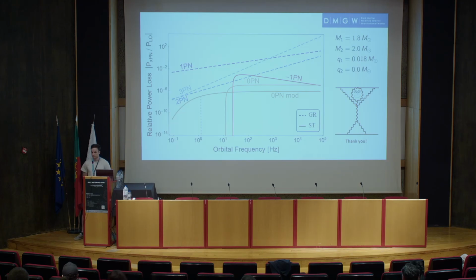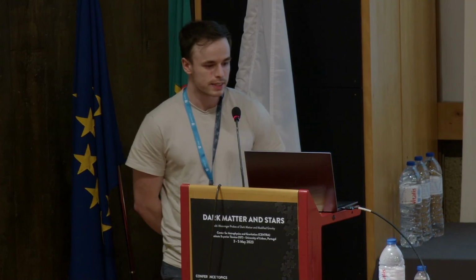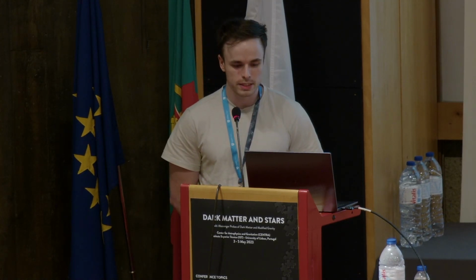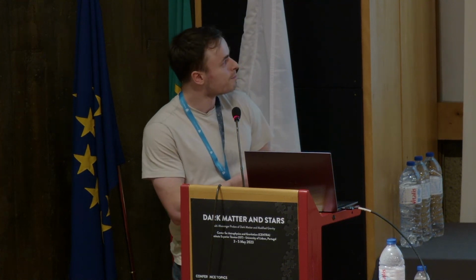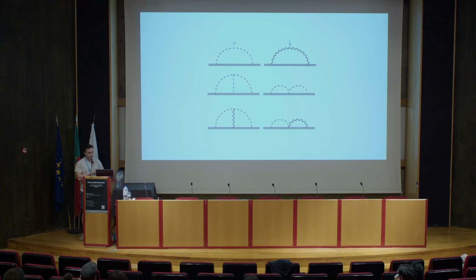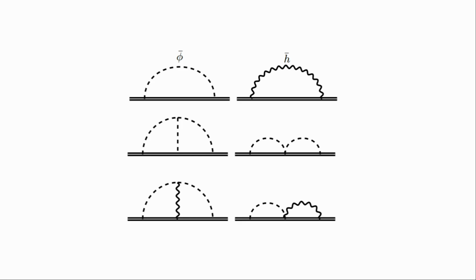I think your tensor waveform should propagate as normal. Yeah, exactly. We've also been thinking about the scalar waveform. It does definitely dissipate faster due to the mass term. Also, when you calculate the power loss, what I showed you was the result for these leading order topologies. However, you also have these tail effects, which I think is maybe what you're thinking about.